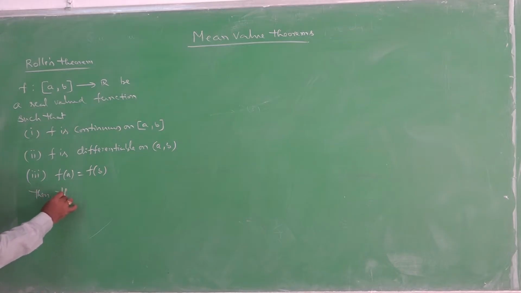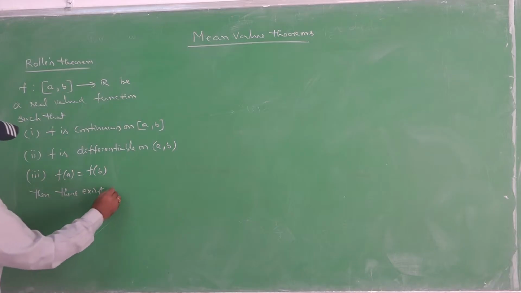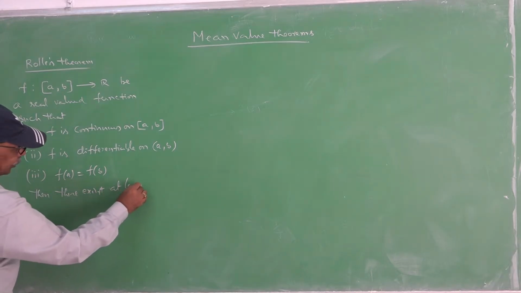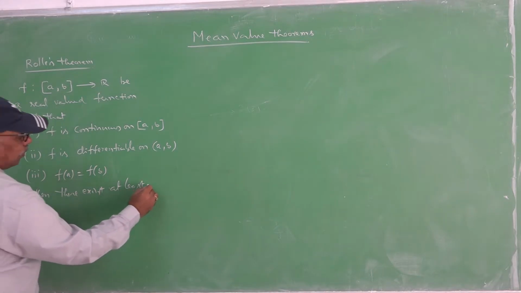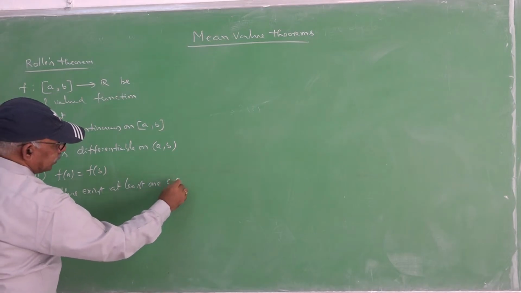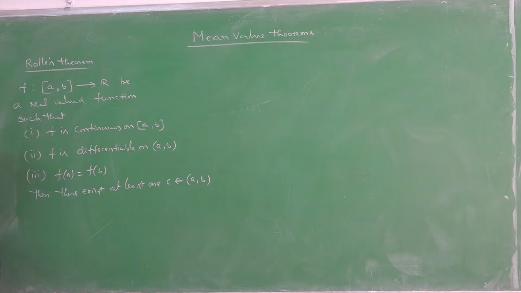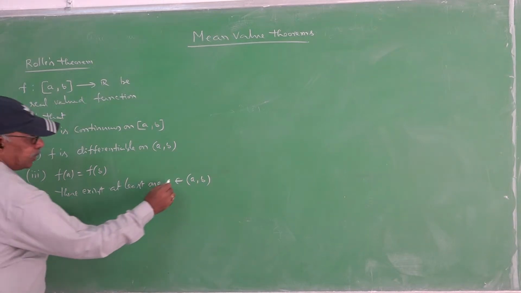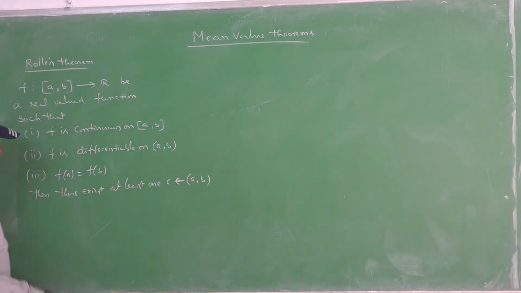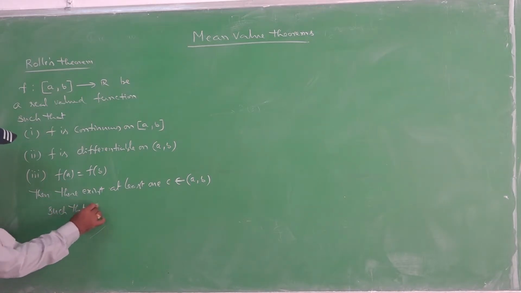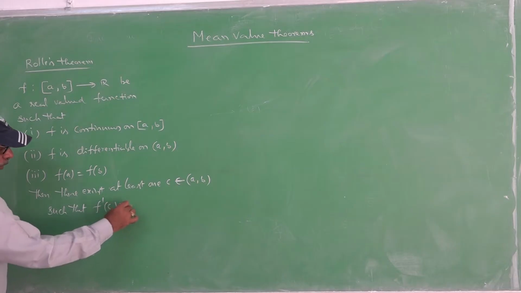Then there exists at least one c that belongs to the open interval a, b, that lies between a and b, such that the derivative of the function is 0.